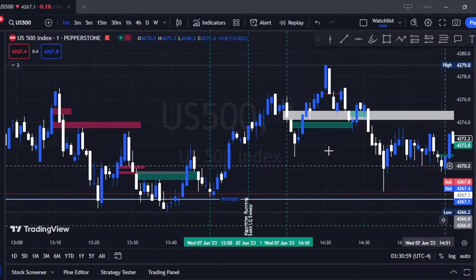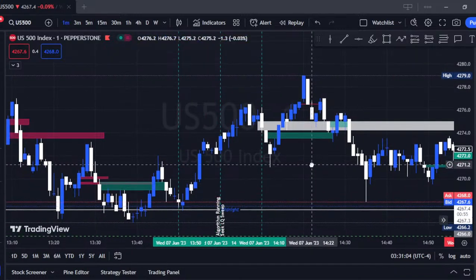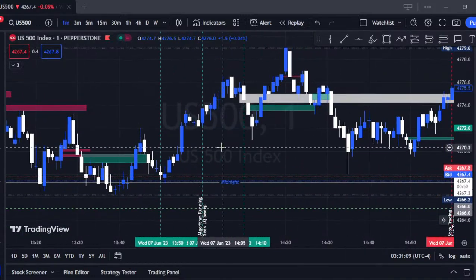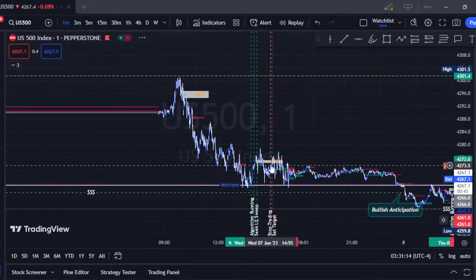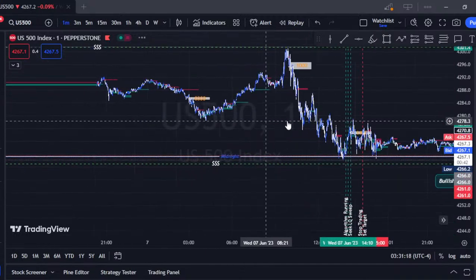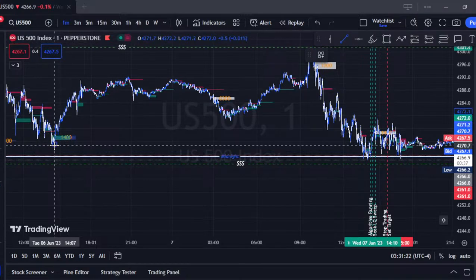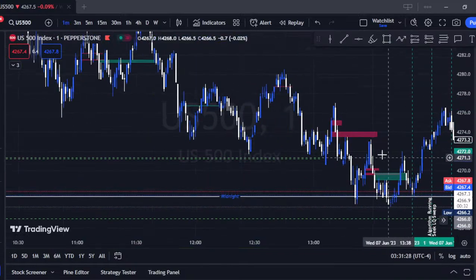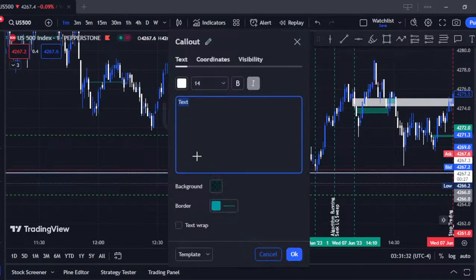If you're living in a different time zone, I don't know how to call it, but yesterday for me, I woke up to the London session. And then here I was looking for the price doing the downside of liquidity, this liquidity right here. Here was a sweep right there. Here, that makes me put a buy anticipation.